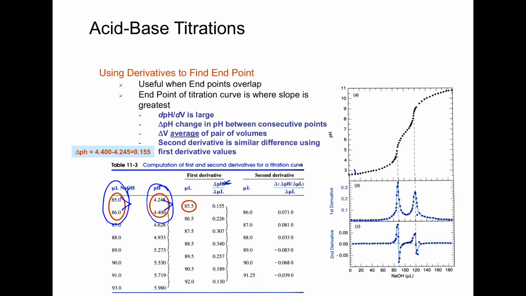The difference between these two, that's the change in volume. And so what you're doing is calculating the first derivative. Now, if you plot this number versus the amount of volume added, you would get a graph that looks like this.